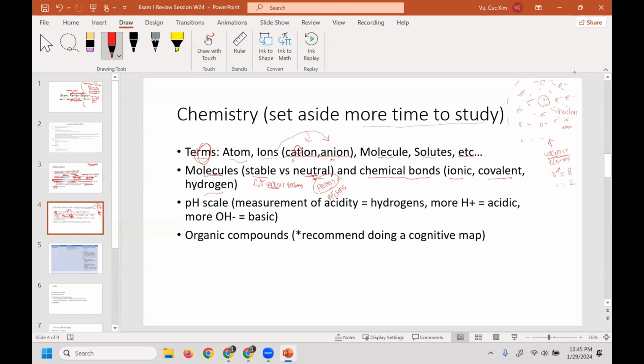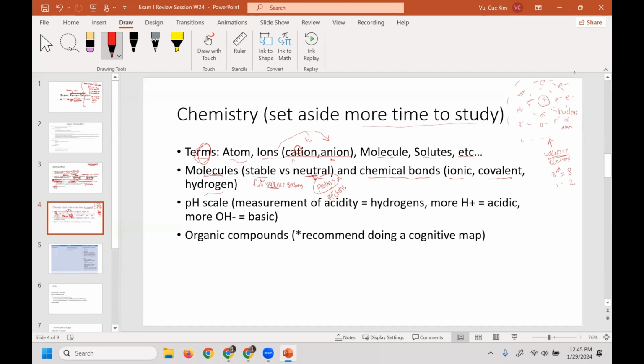Or I can ask, which of these bonds occur due to the transfer of electrons? What would you say? Ionic, very good. Perfect. So that's the type of questions you're going to see in the exam.